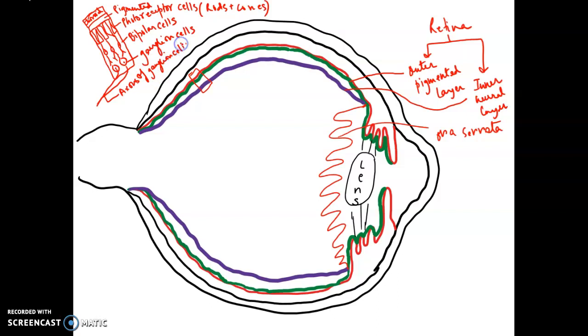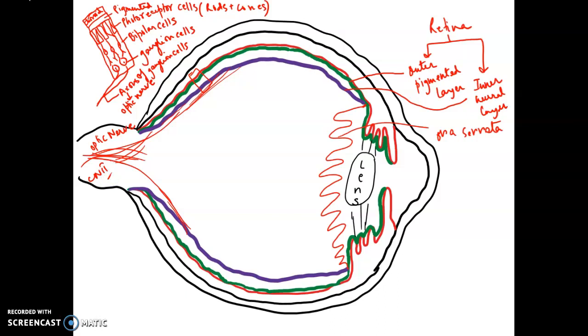And the axons of ganglion cells come together to form the optic nerve. So all the axons come out this way, and together they form this nerve called the optic nerve, which is our cranial nerve number 2.